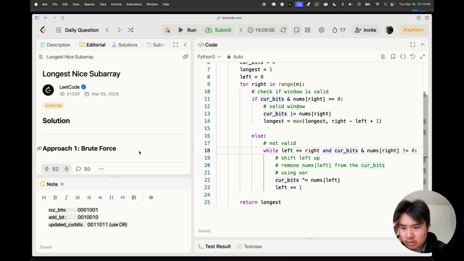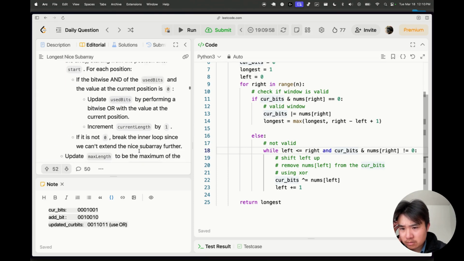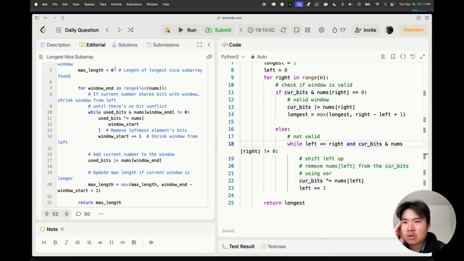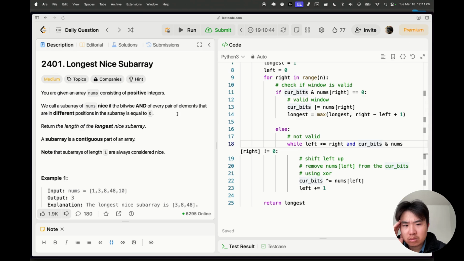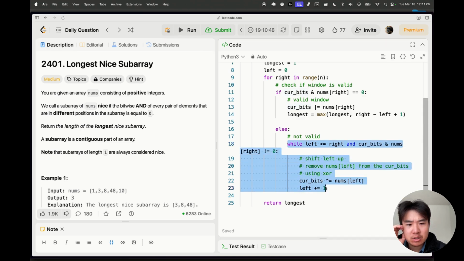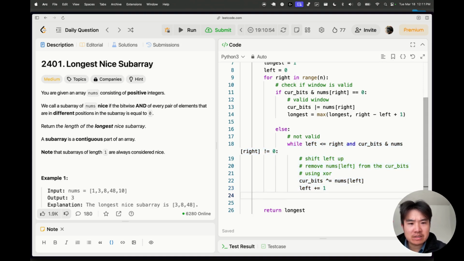Look at the tutorial. Oh. Since this was good, I was like clearing things out, right? We still need to add cur bits the nums at right. Or the nums at right?